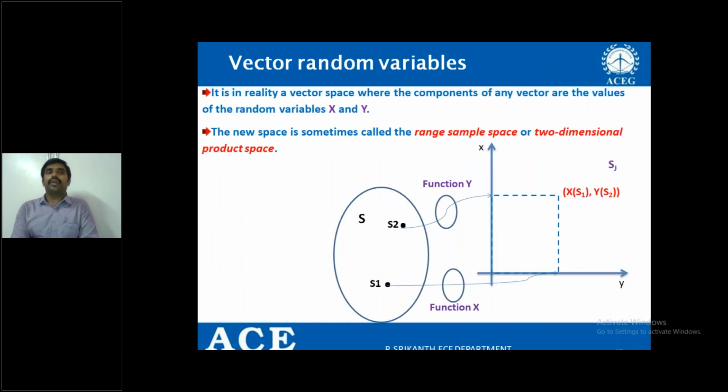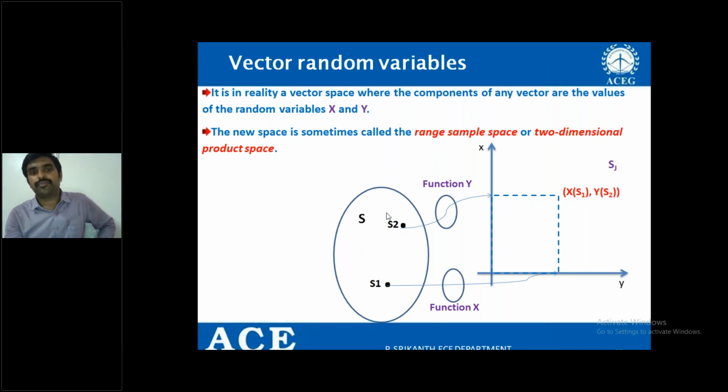In reality it is a vector space where the components of any vector are the values of the random variables X and Y. That is, any vector consists of values of random variables X and Y, just as shown in the figure. The new space is sometimes called the range sample space or two-dimensional product space.